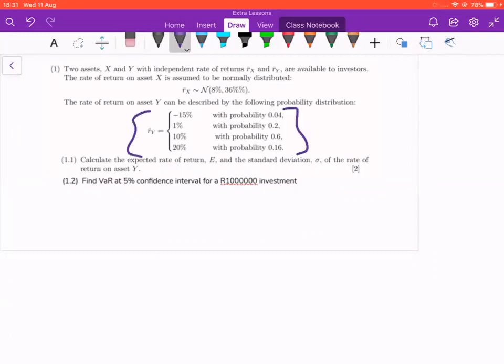We say that y has this kind of distribution: negative 15% return with 4%, 1% return with 20%, 10% return with 60%, and 20% return with 16%. Find the 5% VAR for a discrete name.